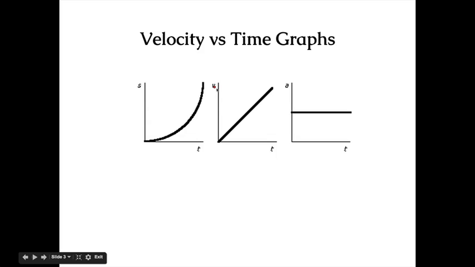In this case, the straight line with positive slope represents a constant change in velocity over time. A constant change in velocity over time means that your acceleration will be constant. It's positive, so the object is accelerating, but it's accelerating at a constant rate.